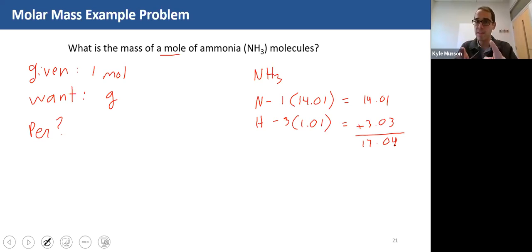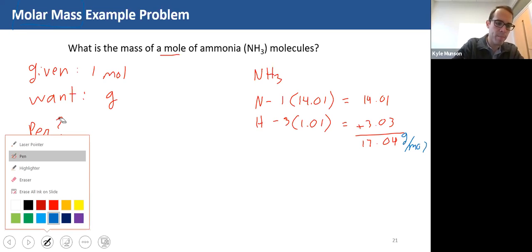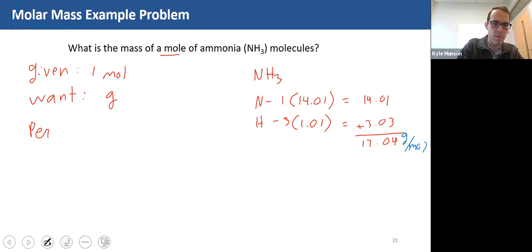And remember, the molar mass is numerically equivalent to formula mass. So the only difference is the units here. So actually, we're going to change this unit to grams per mole. This unit is in grams per mole because we're referring to molecular mass. So the unit is in grams per mole of this molecule. So that means my per expression here is going to be 17.04 grams per mole.